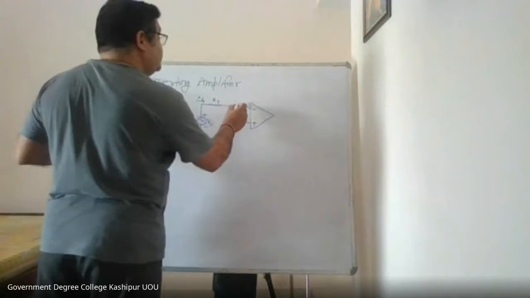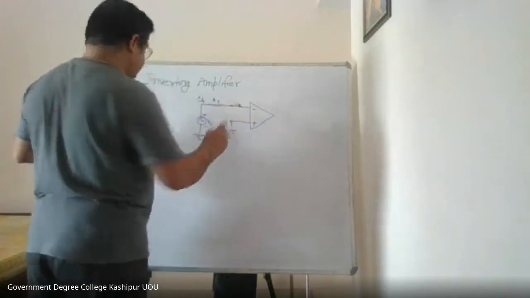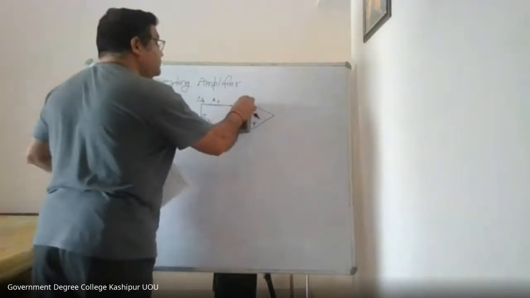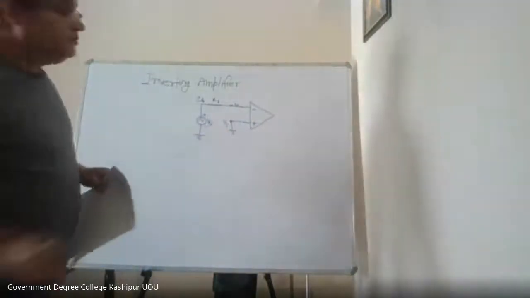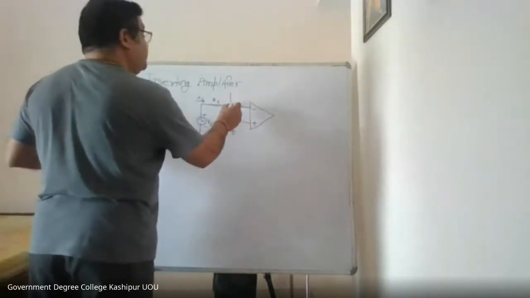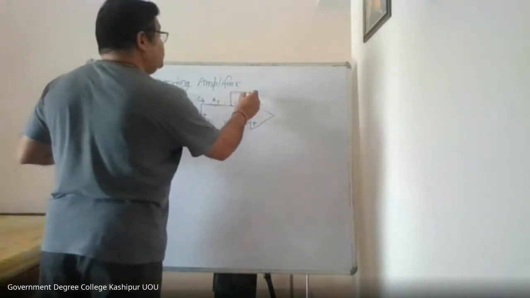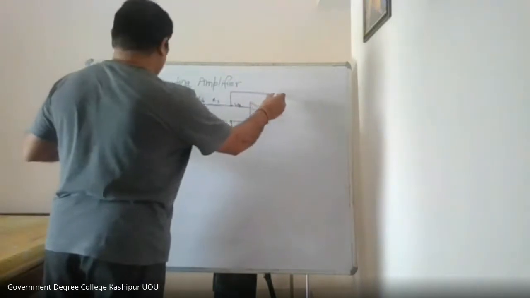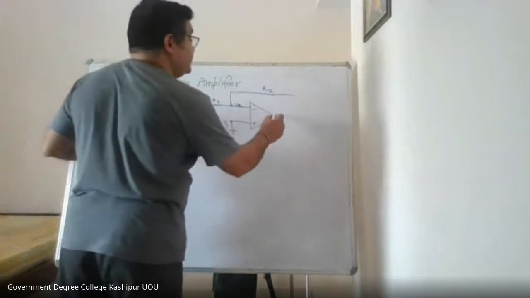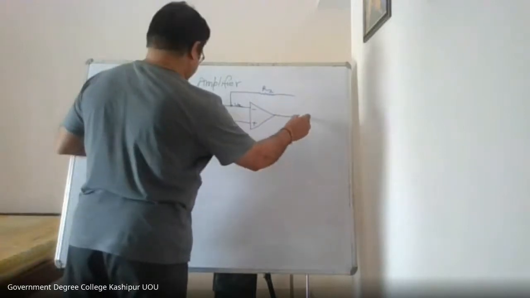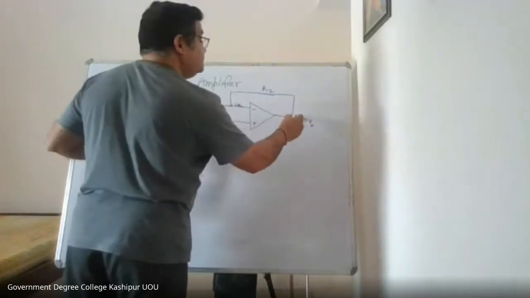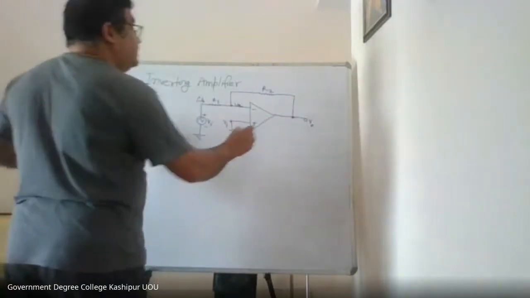This is the V2 potential at this point, and here we have used feedback. The resistance R2, and this is Vo, the output. Here we have plus VCC and minus VEE.